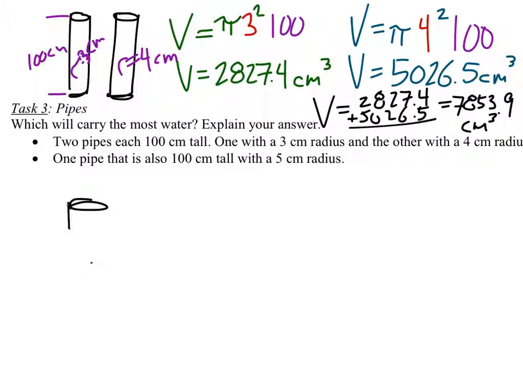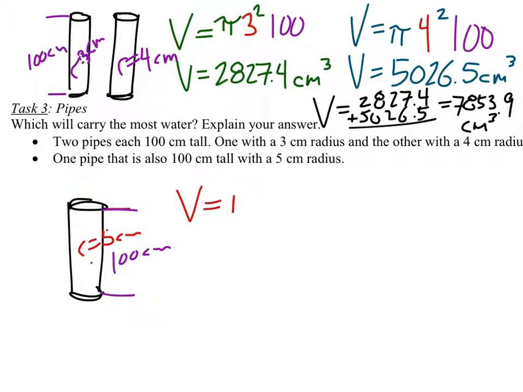So this one is just a little bit thicker, but it has the same height. The height of 100 centimeters. But this one has a radius of 5 centimeters. So when we find the volume of these, we still got pi r squared height. The height is the same, 100.